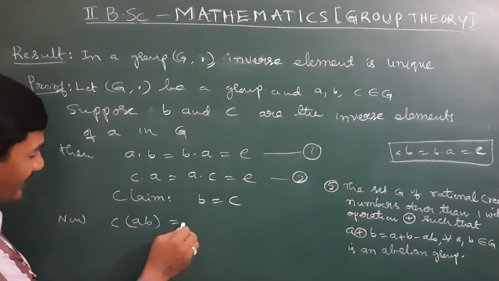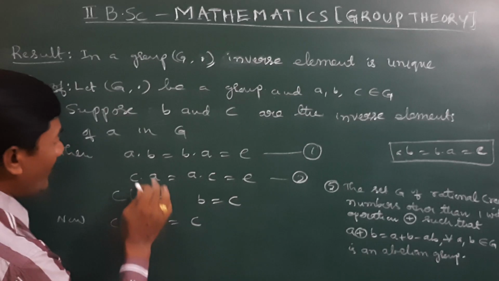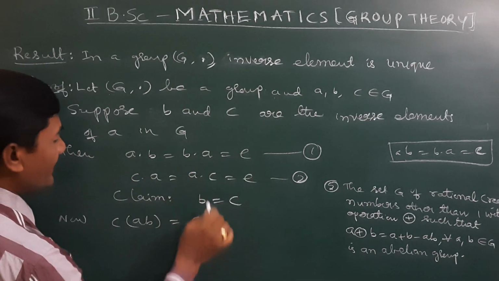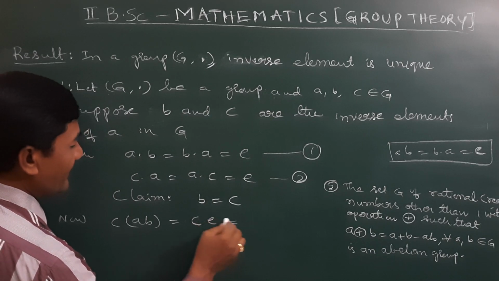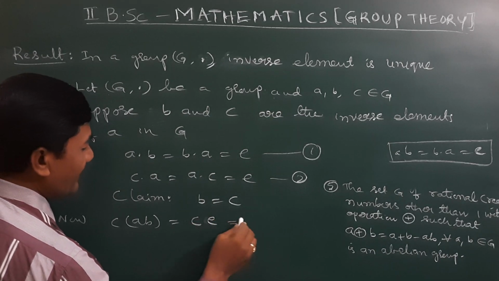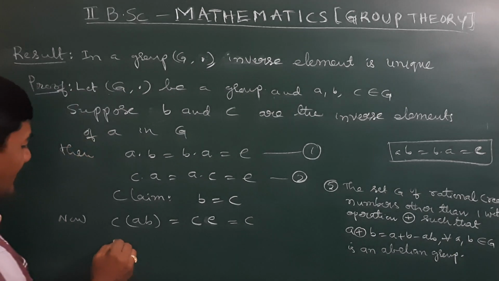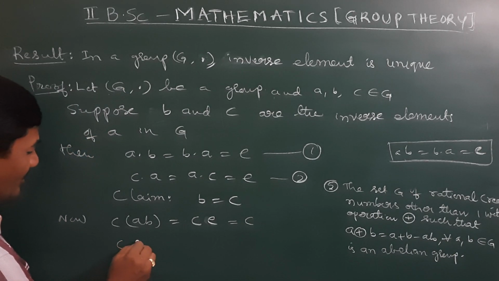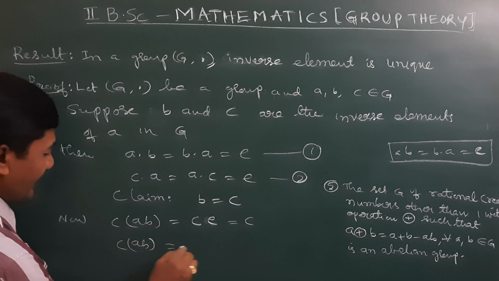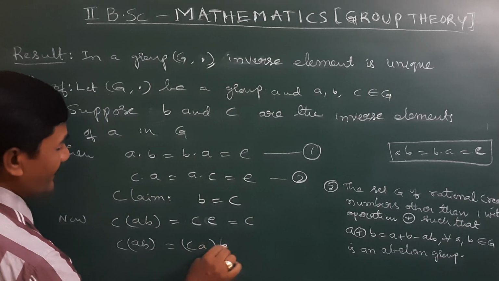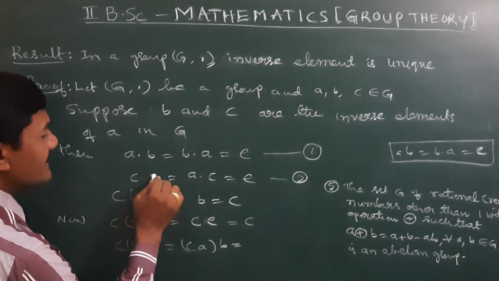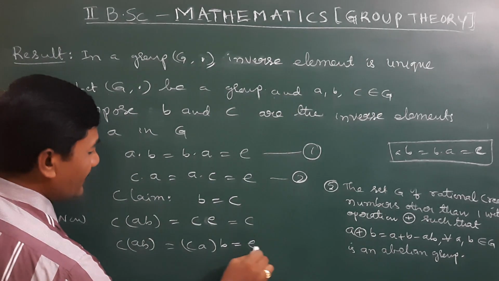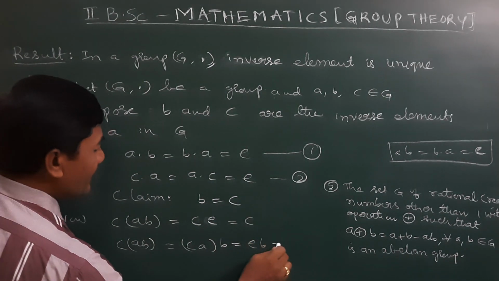C into AB. What is AB? A dot B is nothing but E only, and E is an identity element. That means C only. Another way, C into AB can be written as (CA) into B by using the associative property, which is equal to CA. What is CA? C dot A is always E. E dot B, and E is an identity element, is nothing but B only.